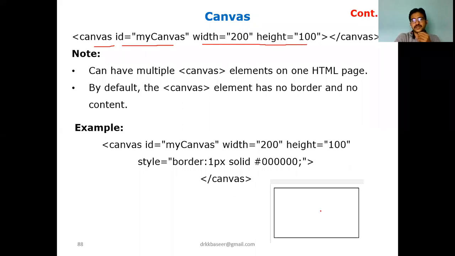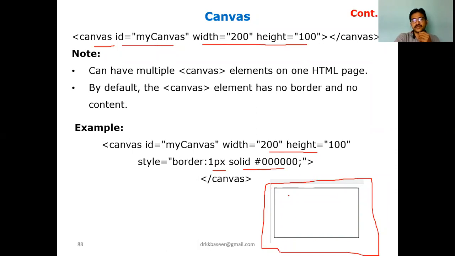If you see at the bottom, it is clearly visible: this is 200 width and height, this rectangle shows 200 by 100. Now this is the id, and we are making a border of 1px solid. We can draw ourselves in the HTML page. We can draw with the help of canvas.